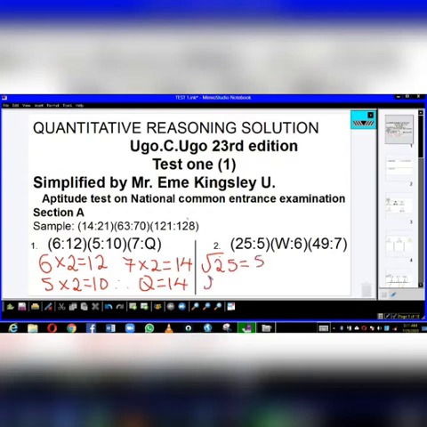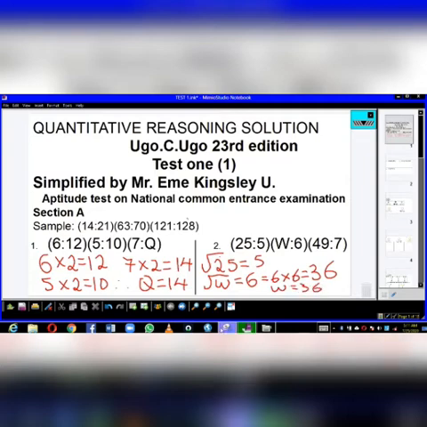Find the square root of W, that is equals to 6, and that's for us to find the value of W. Here we'll say 6 times 6, and that will give us 36. So therefore the value of W is equals to 36.